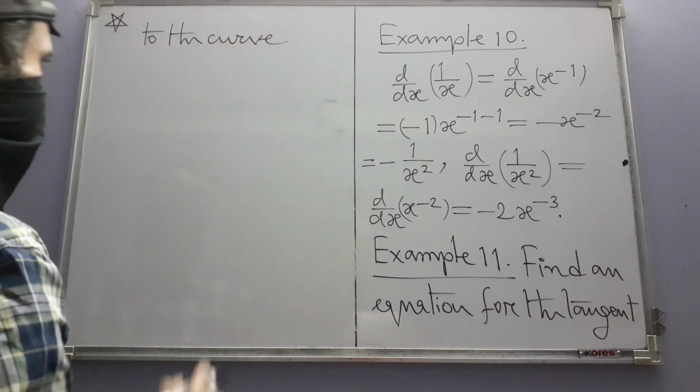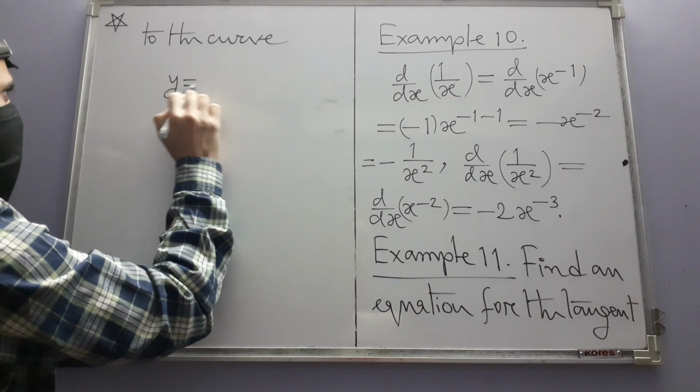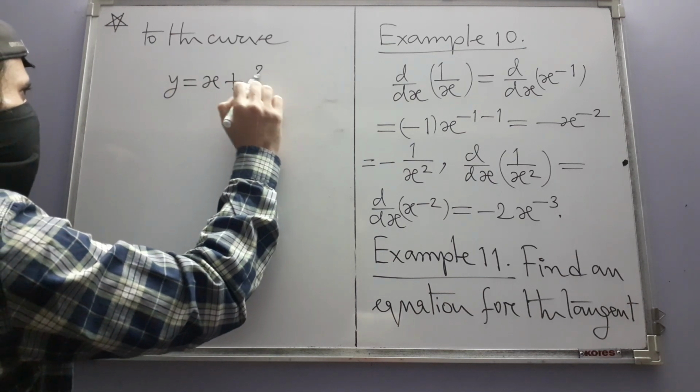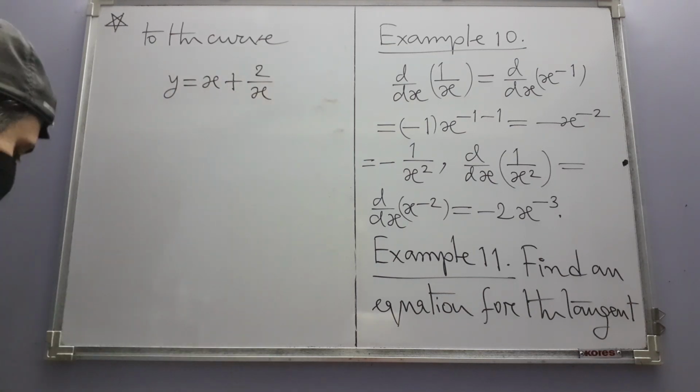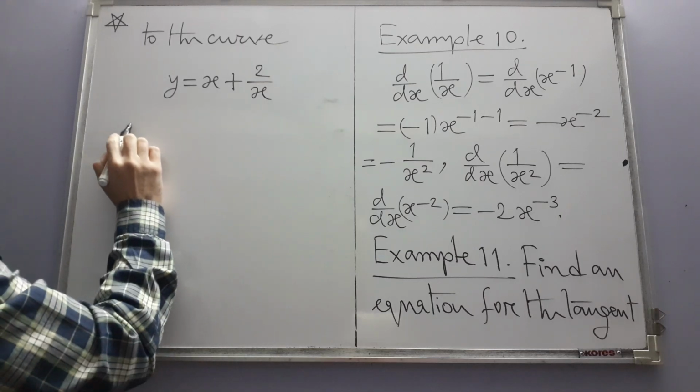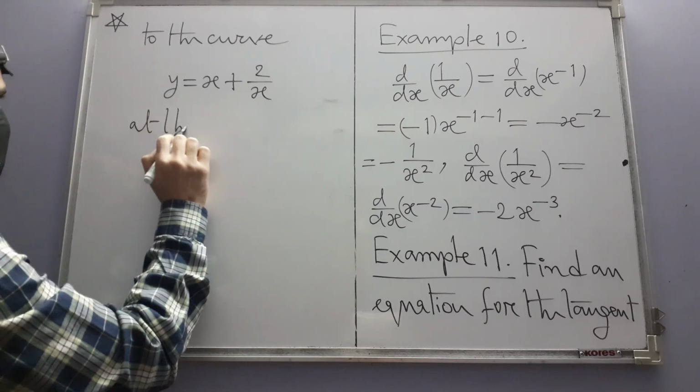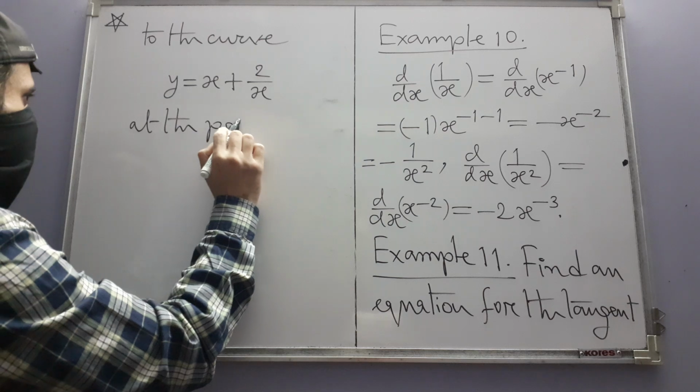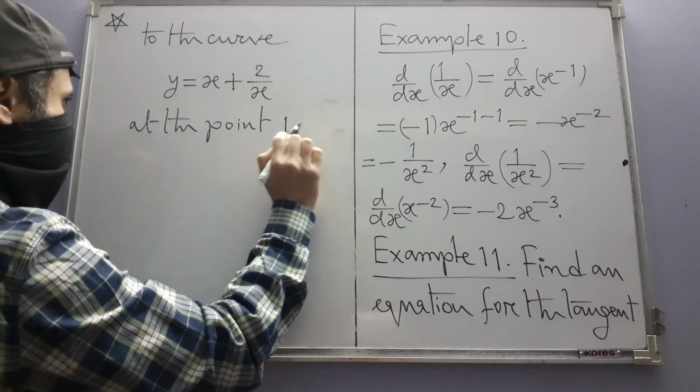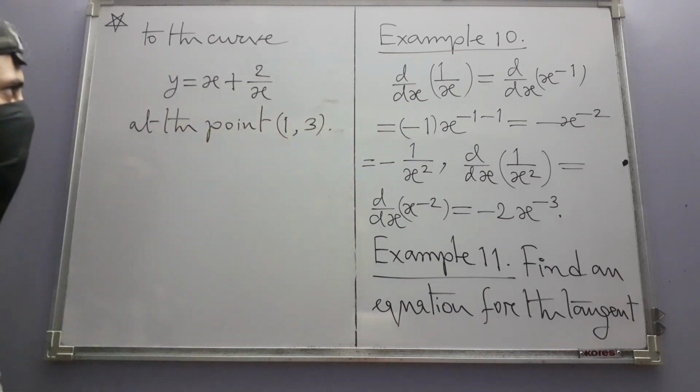So what is the curve? y equal to x plus 2 over x, at the point 1 comma 3.